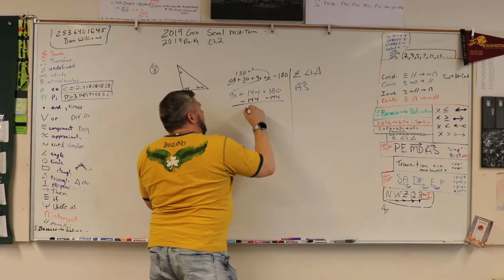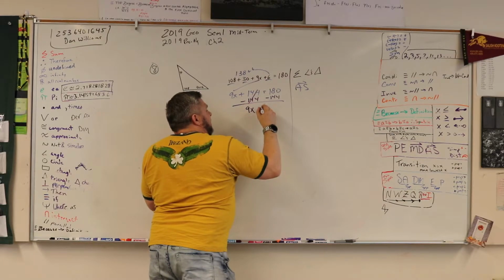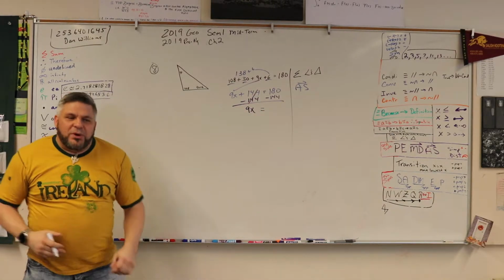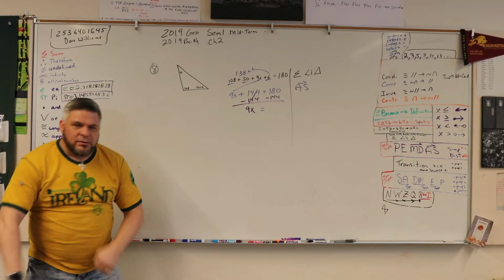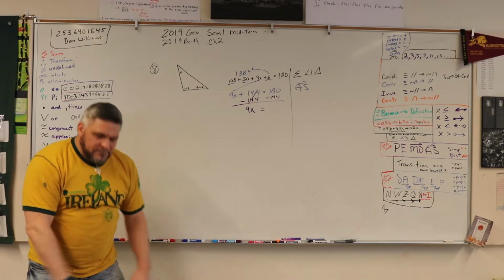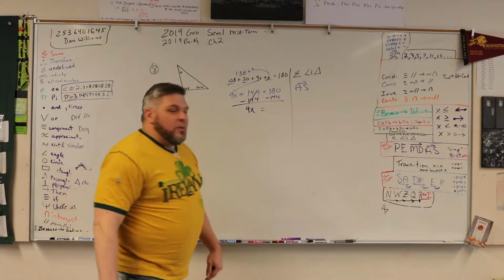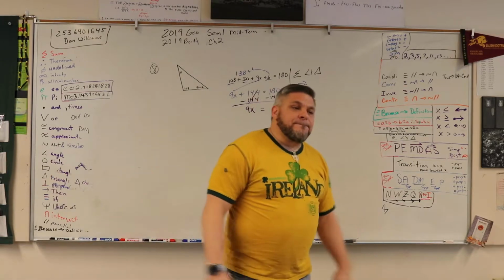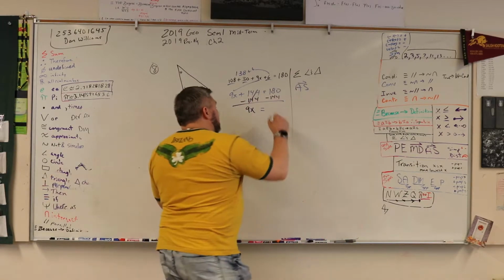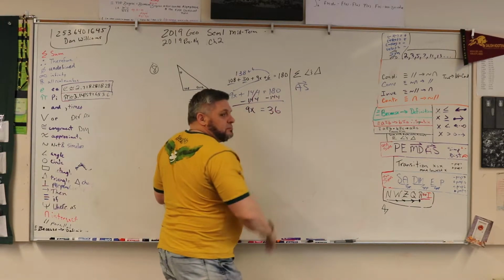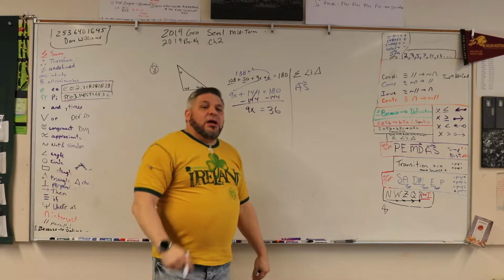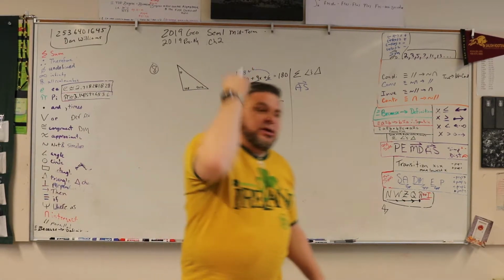Okay, so I got 9x equals what? What's 180 minus 140? 40. What's 40 minus 4? 36. Boom! Guys, you're doing it. You just don't know how yet. But you can do this in your head.